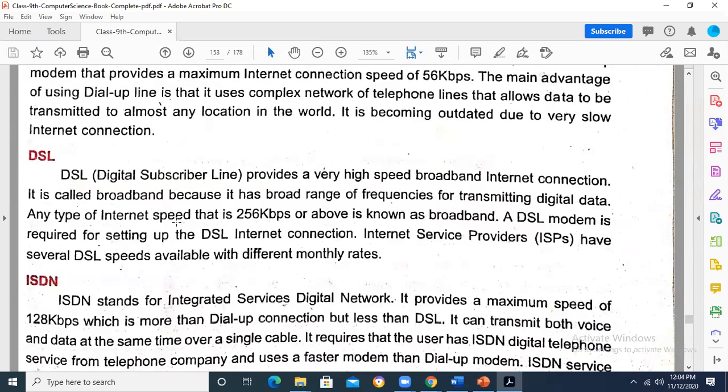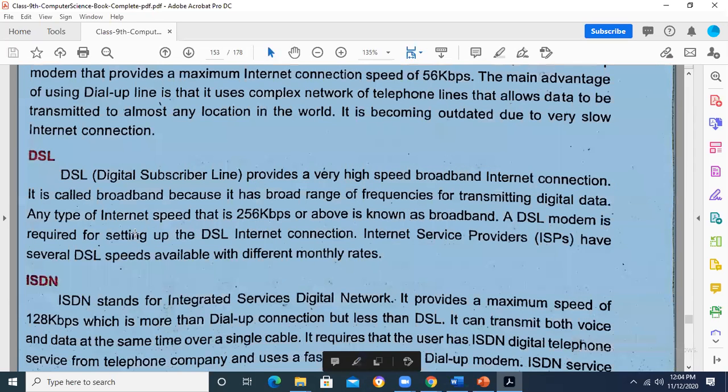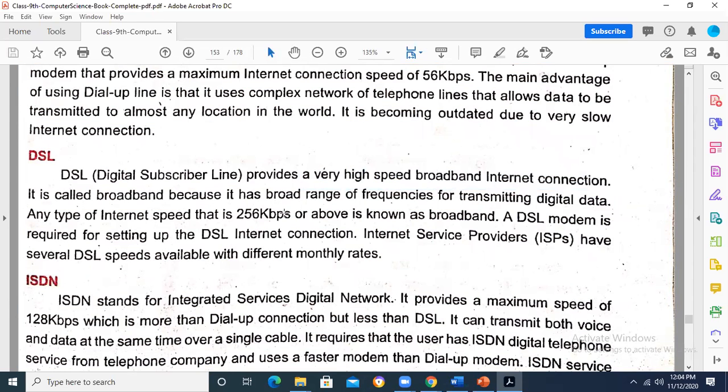Now DSL, digital subscriber line, provides very high speed broadband. Keep in mind, we are talking about over the telephone line, and we are comparing it right now with dial-up. It is called broadband because it has a broad range of frequencies for transmitting digital data. Any type of internet speed that is 250 kbps or above is known as broadband.